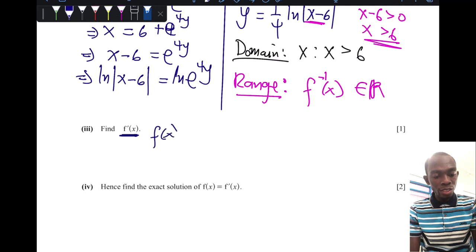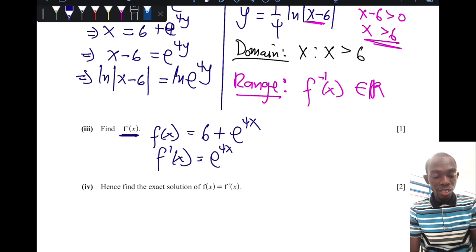So f of x is equal to 6 plus e to the power 4x. If you differentiate a constant, you get 0, so that 6 is 0. If you differentiate an exponential function, it remains the exponential function, but you must also differentiate the power, and that is 4. So your answer is 4e to the power 4x.